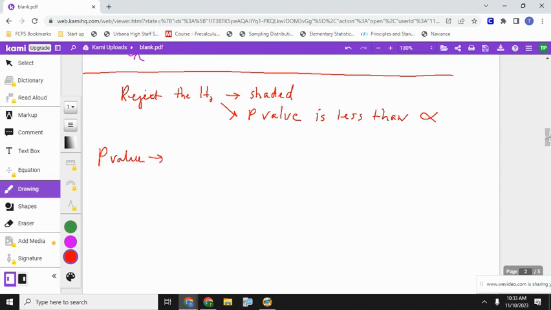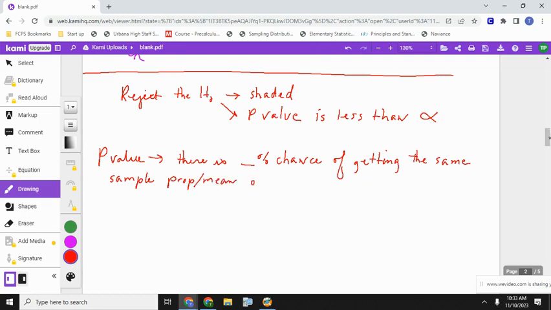A p-value is: there is a blank percent chance, whatever the p-value is that you get off your calculator, of getting the same sample proportion or mean again, of whatever the number is, or more extreme, based on the true proportion or mean problem.